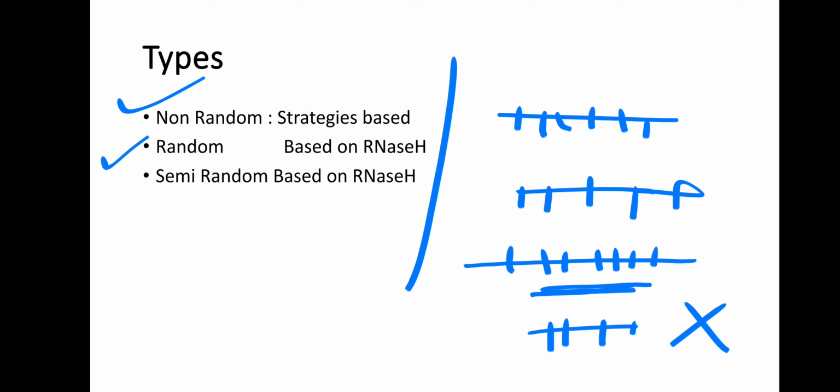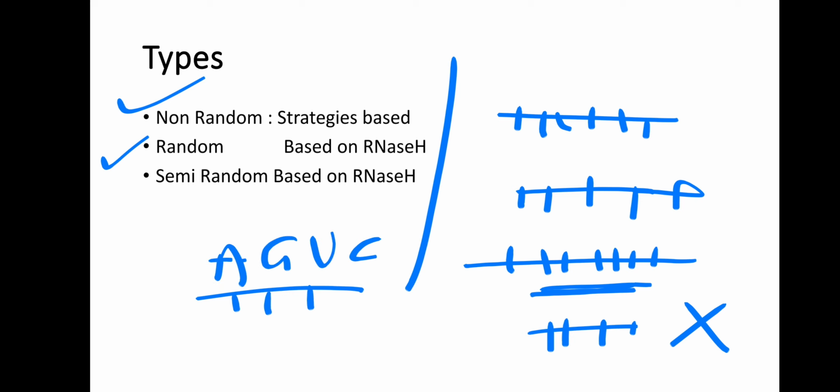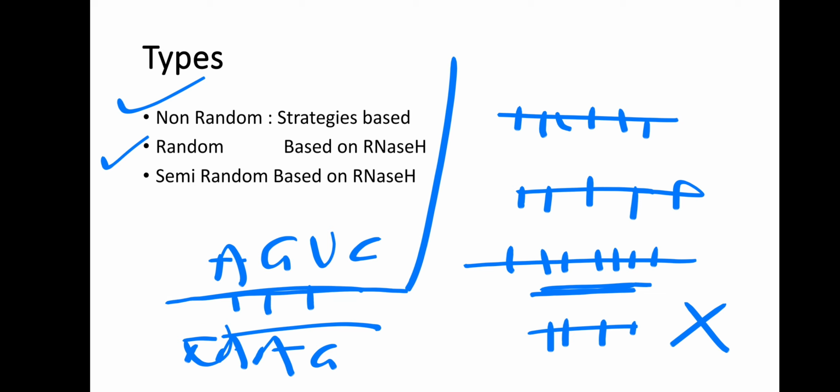The second is random. Random means that sometimes you assume a segment like A U G C, or A G U C, and we develop the complementary sequence, like T here, U here, A here, G here. So this is just random, and it promotes RNase activity. We saw in the previous slide that RNase acts directly on the target mRNA and cleaves it here. So this is based on RNase recruitment activity.